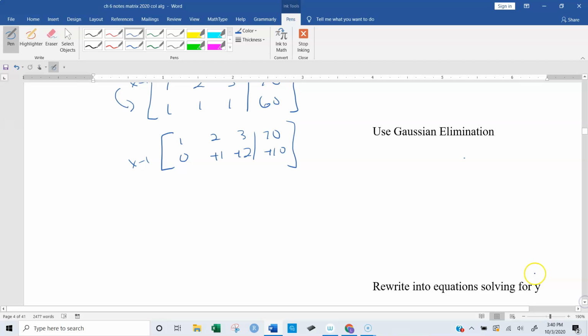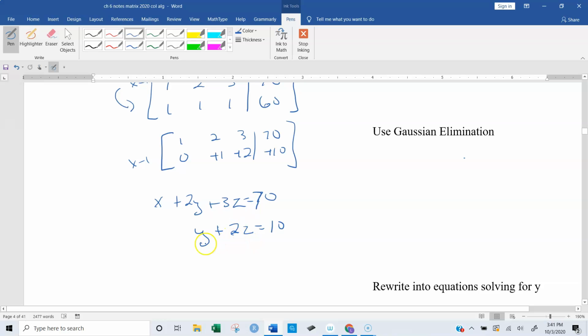Now I use what I just learned, and I find the infinite solutions. So we have x plus 2y plus 3z equals 70. And we have y plus 2z equals 10.